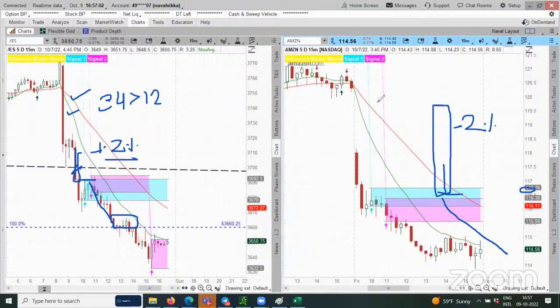Same thing is here with Amazon, they reversed. And one very basic concept in technical trading is that these are averages, the green line and the red line. The candle will always come back and test that average, no matter what. The average will come down, the candle will go down, and eventually they will meet right here.